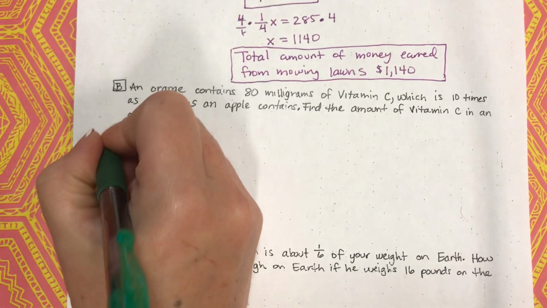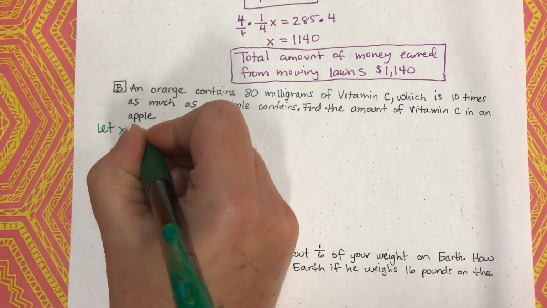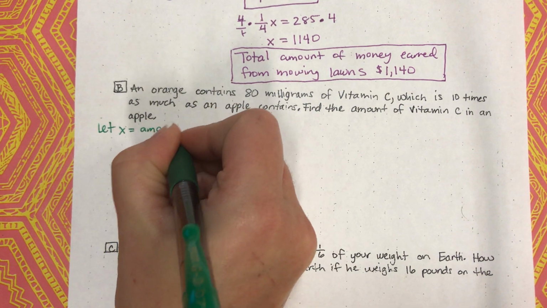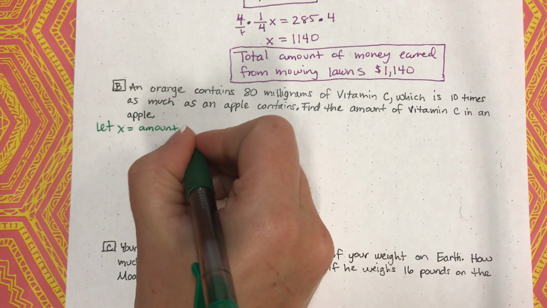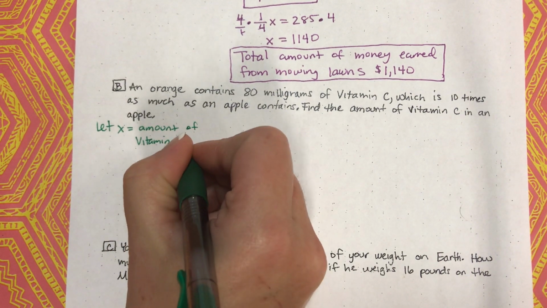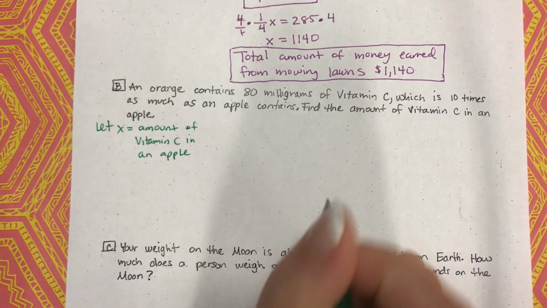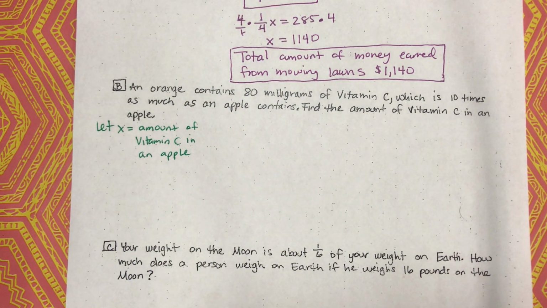So I'm going to go ahead and define my variable. I'm going to say let X equal the amount of vitamin C in an apple. Okay, so we have X. Now we want to find our equation.